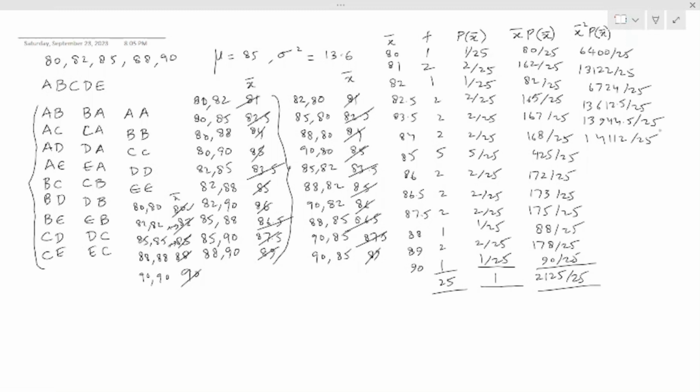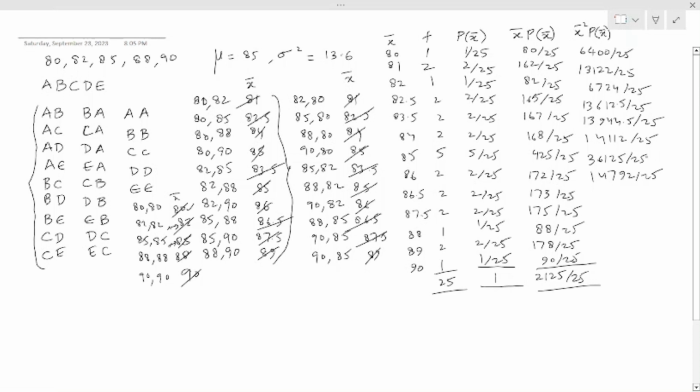Then we have 425 times 85, that's 36125 on 25. Then we have 172 times 86, and this is already multiplied by 2.